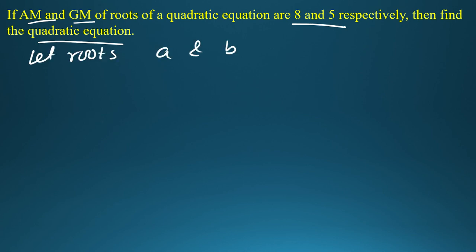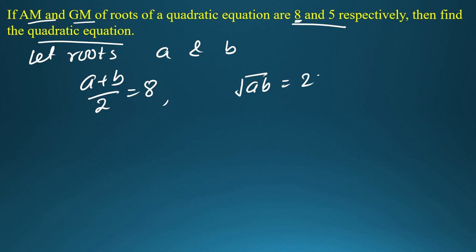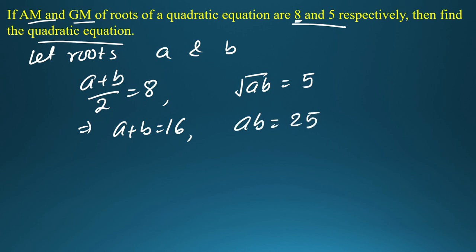Let these be the roots or zeros of the equation. Now, arithmetic mean is 8. So it means (a + b)/2 is equal to 8. And geometric mean, square root of ab is equal to 5. So what we can get here? We can get a + b = 16 and ab = 25 by squaring.